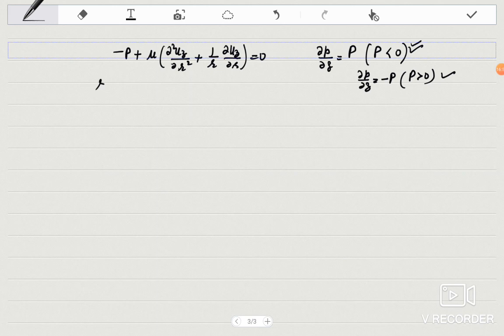So I will just calculate what will be its integration. Minus p r upon mu is equal to 0.